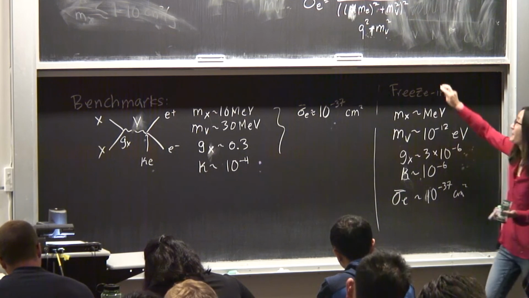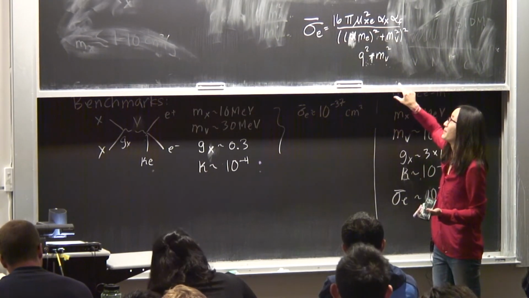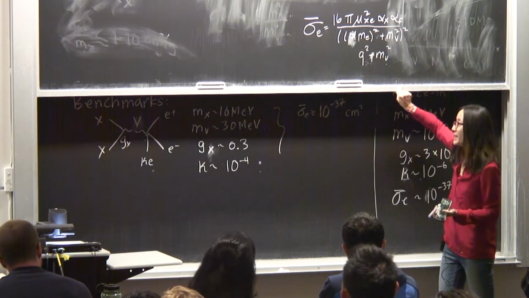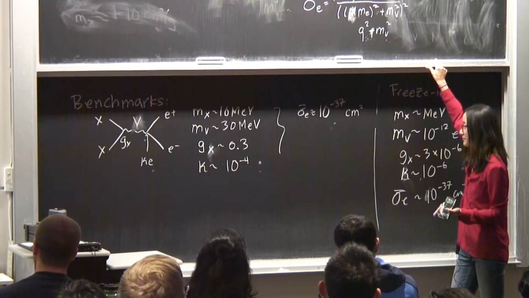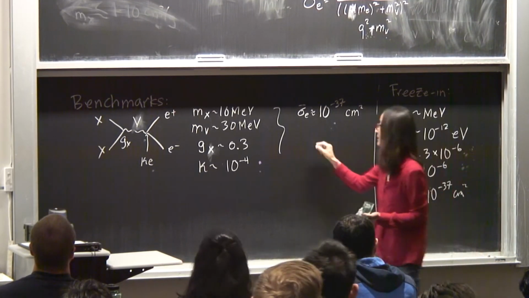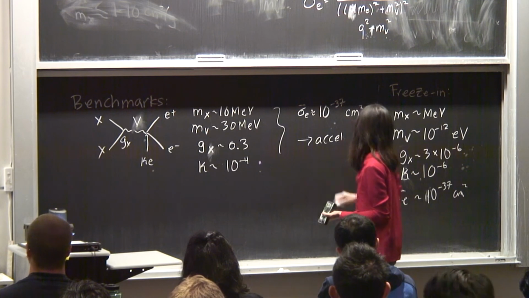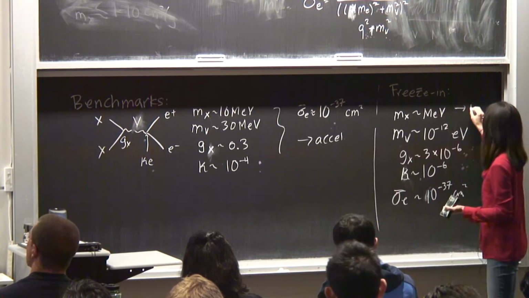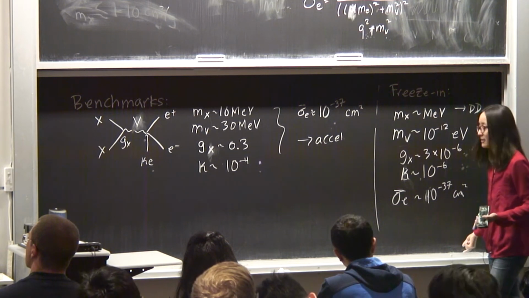And that's coming from the fact that when I have a very light mediator, this part goes away, and there's just the momentum transfer part. When it's heavy, it's suppressed by the mass of the mediator. Okay, so these are sensitive to accelerator tests. This one will be sensitive to both accelerator and direct detection, and this one will be mainly direct detection.